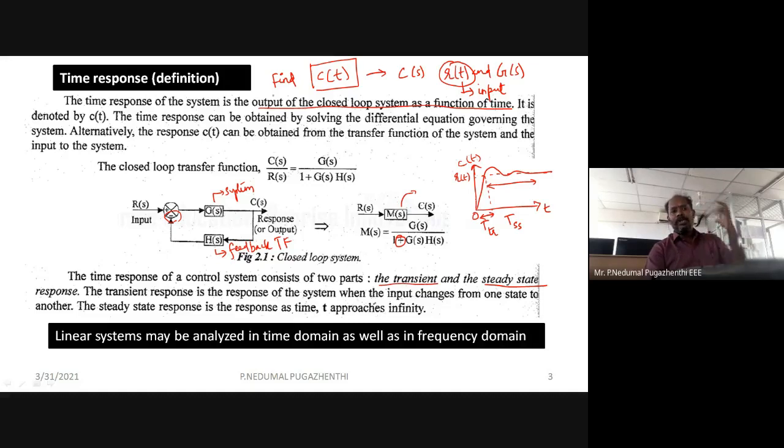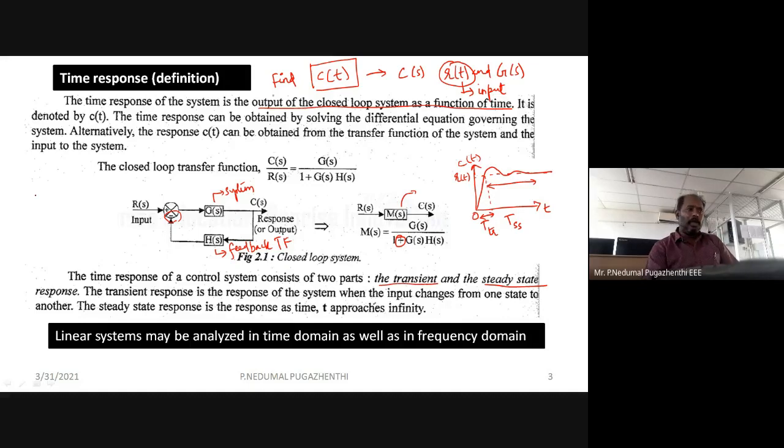So how much time does it take? The time until it first reaches 700, we call this transient. A simple example. And after it reaches 700, how long it stays at 700 and what happens after that, we will talk about as the steady state response. If you combine these two, you call that the time response.